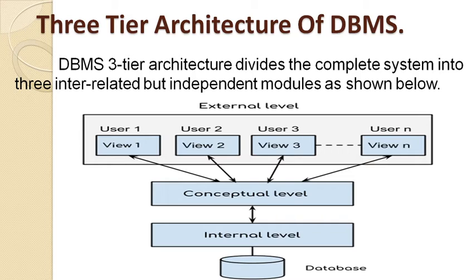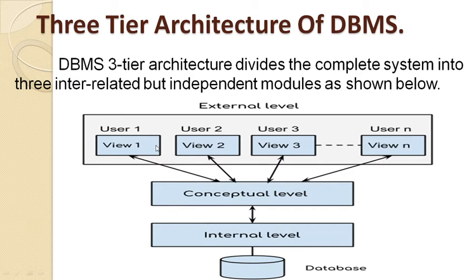That means, for example, some user wants to see only a part of the database. He is not interested in the other part. Then external level allows him to see only his part of the database using the view level. So different views are created for a variety of users.